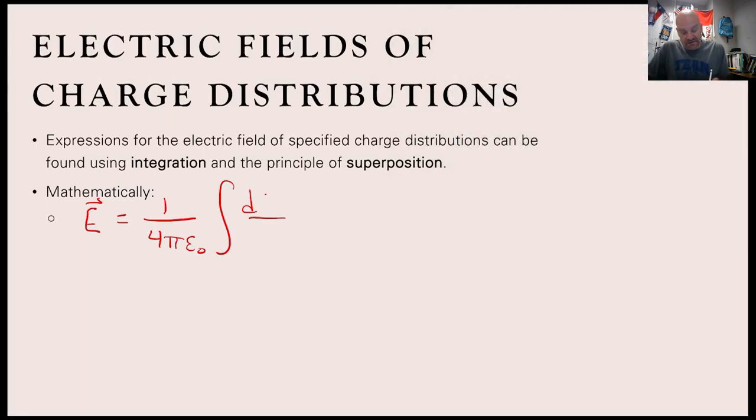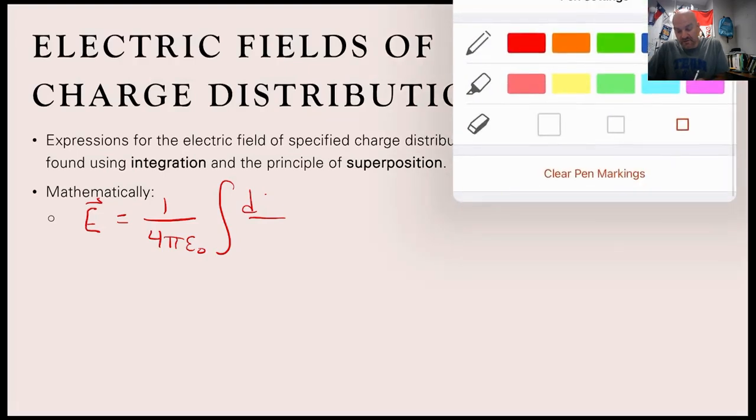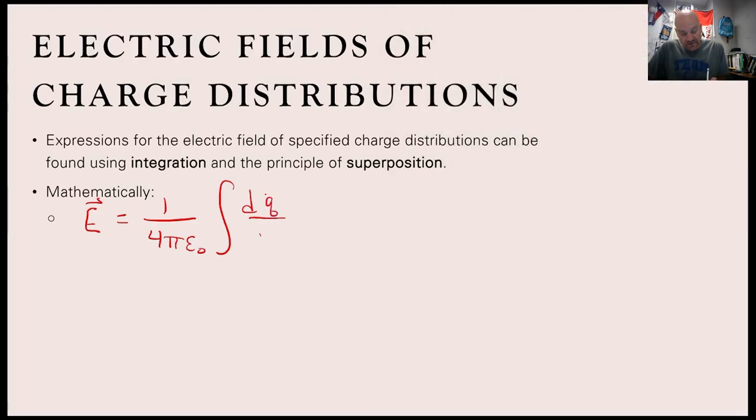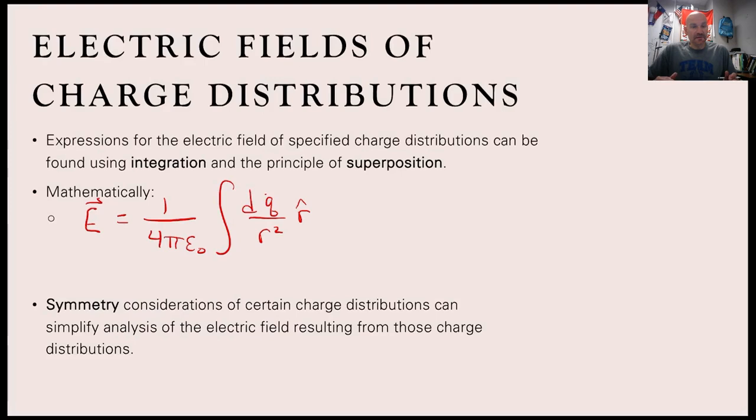I'm trying to stay consistent with what you would see on the formula sheet. So dq divided by r squared, and because this is a vector, we have to introduce our unit vector notation, r hat. What makes some of these questions a little easier is if there's symmetry involved. You can use symmetry considerations to simplify the analysis of the electric field.